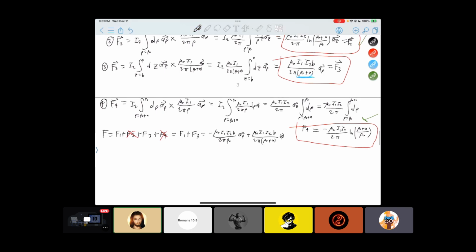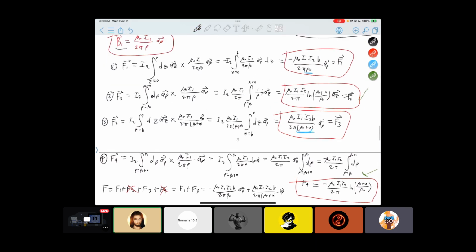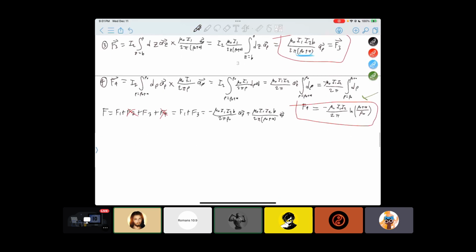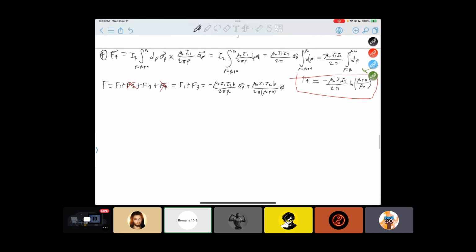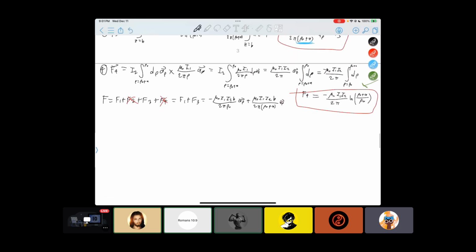If you want to write it exactly the way it is right here, what we need to do is factor out a minus, attached to the ρ. So we're going to have a minus a ρ essentially. Factor that out, and we're left with μ naught I1 I2 over 2π ρ naught.